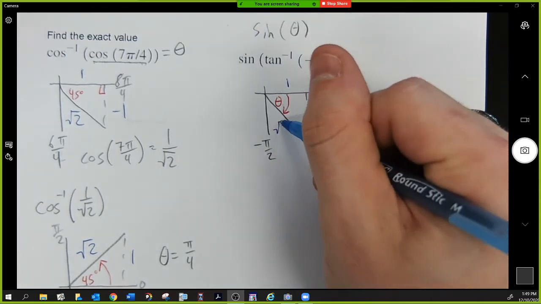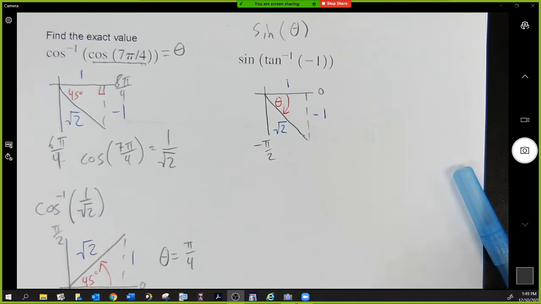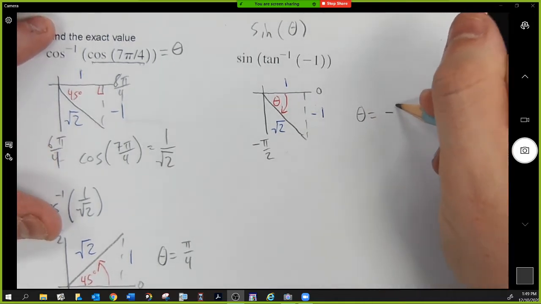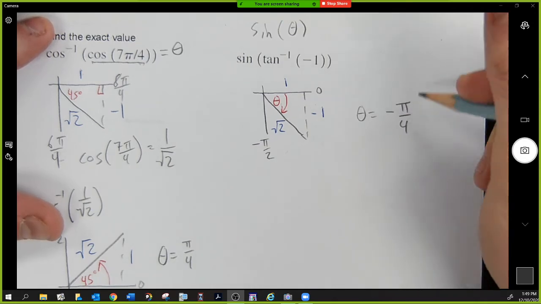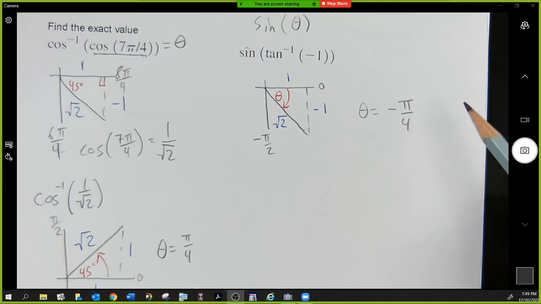That makes this a 45, 45, 90 triangle. So what does this theta equal? -45 degrees, or -π/4. So the question says, what is sine of -π/4?